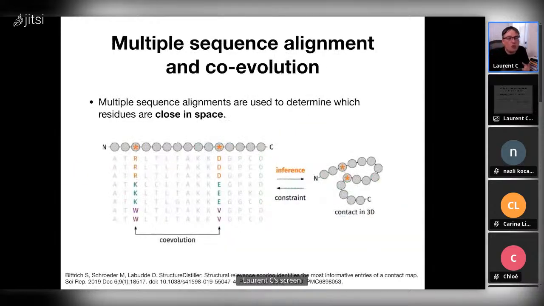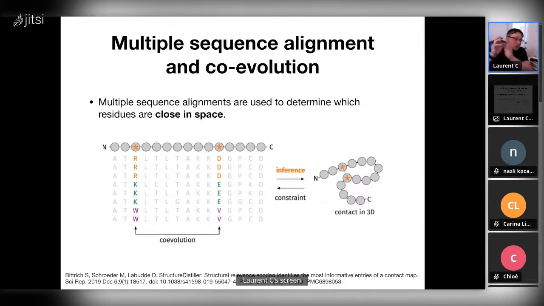So first, why do you need this multiple sequence alignment, and why does it provide information concerning structures? This is because throughout evolution, your protein of interest is also present in related organisms, and there may be mutations happening here and there.